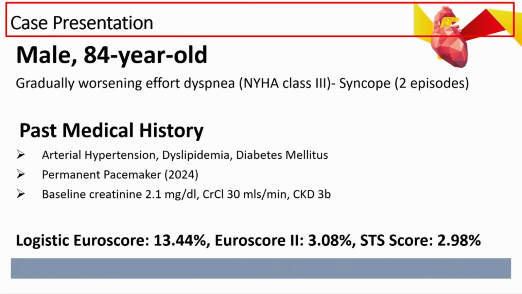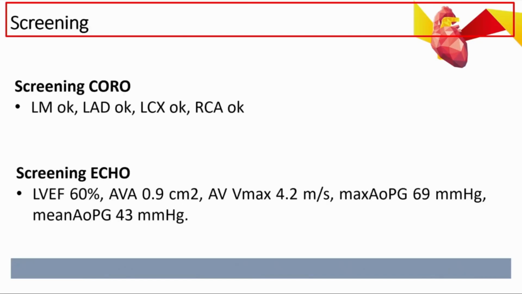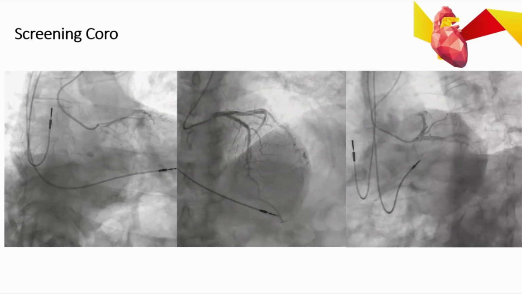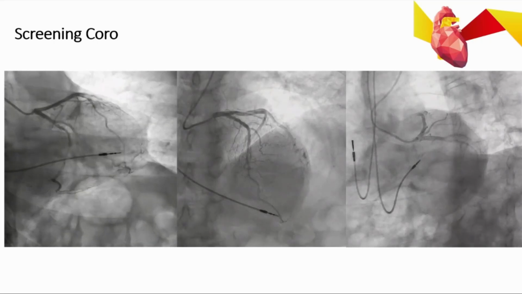Here you can see the surgical risk scores. From the screening coro, there is no significant coronary artery disease. And from the screening echo, you can see preserved left ventricular fraction and AV Vmax at about 4.2 and high gradient. Here you can see the screening echo and the screening coro.